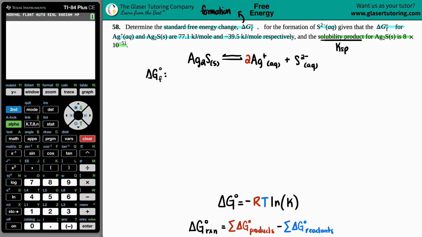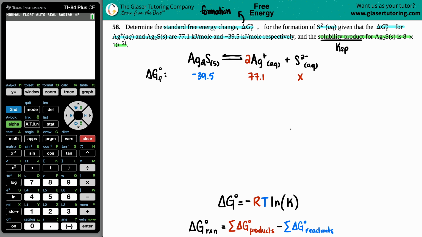So the Ag plus goes with the 77.1, and the Ag2S gets the negative 39.5. Okay. And we're solving for the delta G of formation of the S2 minus. So I'm just going to label this as X.